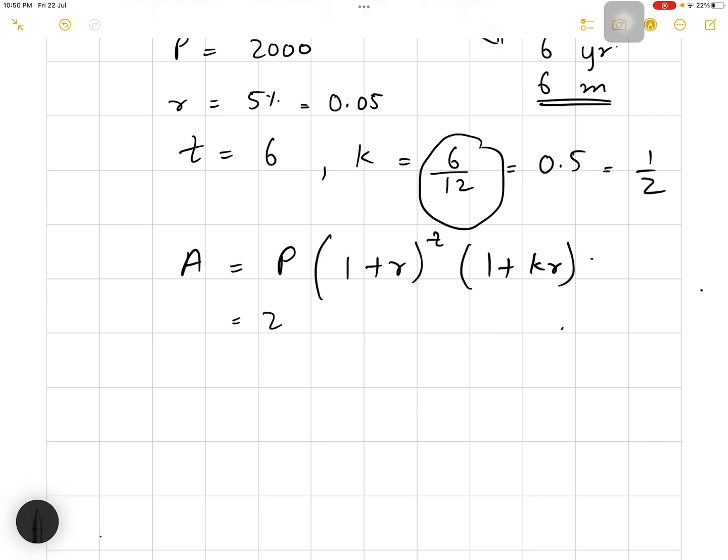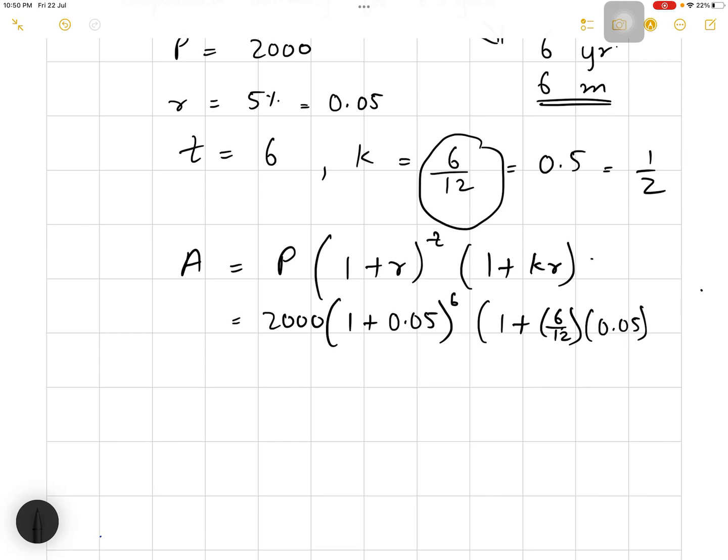Now here P is 2000, 1 plus R is 0.05, T is 6 years, K is 0.5 or 6 by 12. I can use anything, the answer is going to come the same. K is 6 by 12, into R is 0.05.